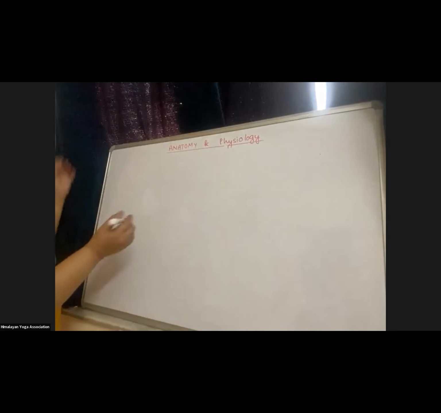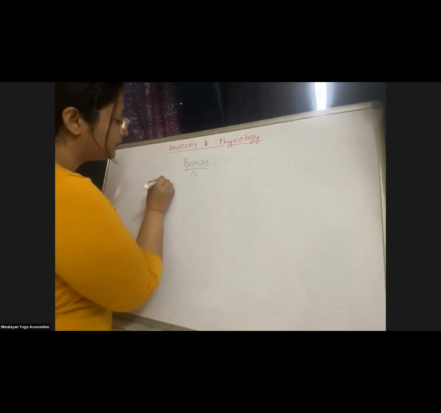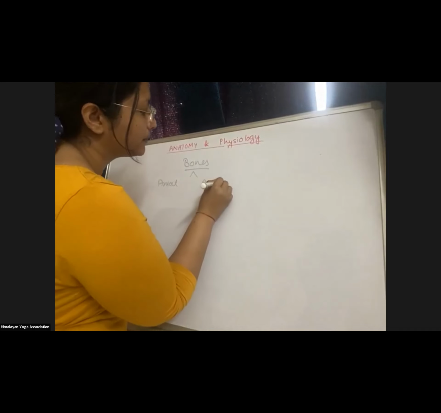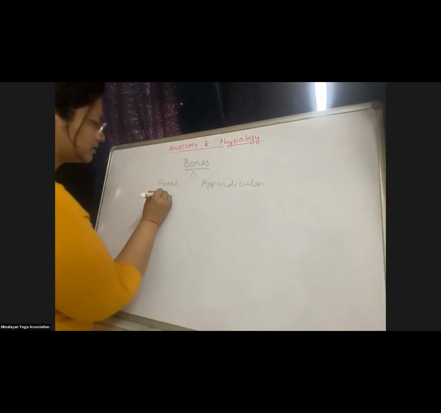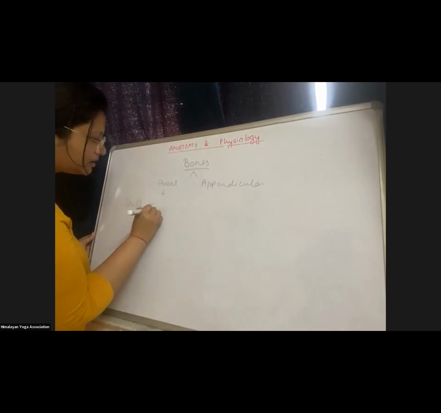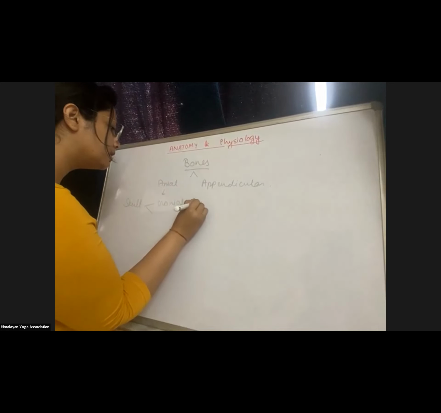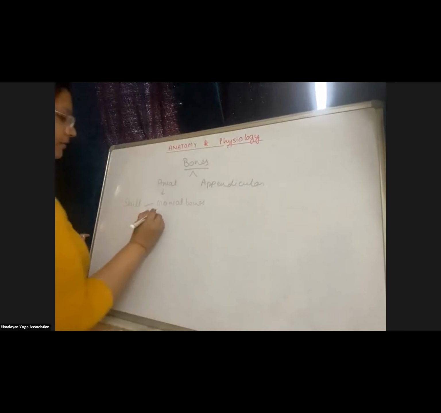Okay. So we have so many bones. They are divided into axial and appendicular. In this, we have skull. Skull is divided into cranial bone and facial bones.